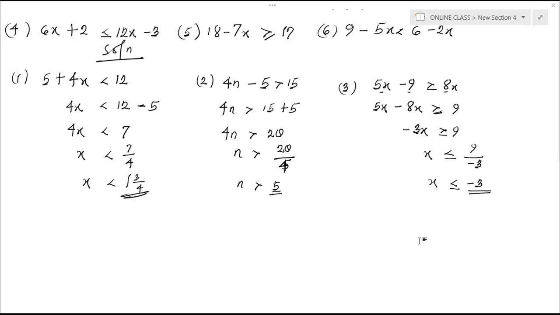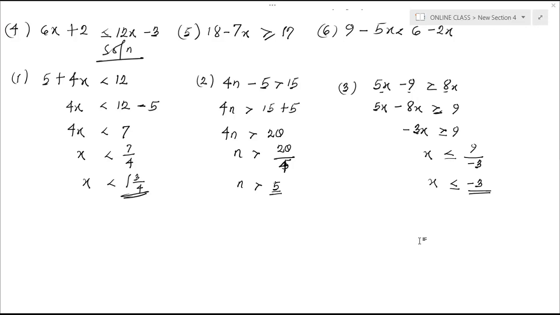The initial answer you told me was what? 1 over 7 is less than or equal to x. So by the time you change x to the left side, the sign will change. It's an equality sign that will not change when you change their positions totally.